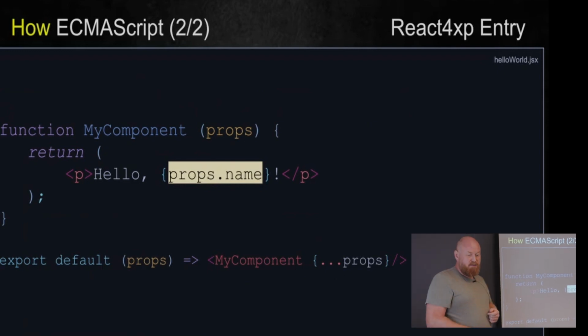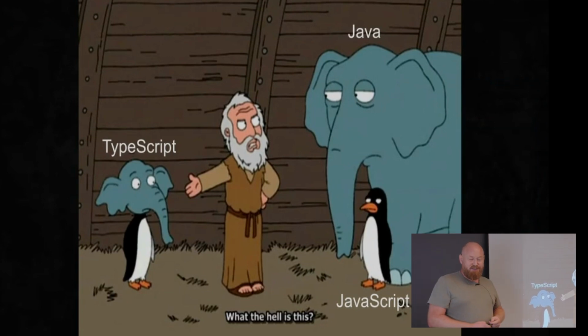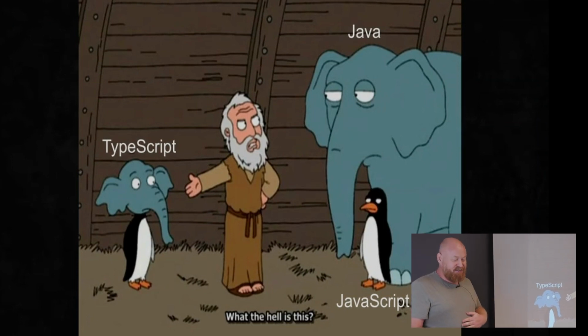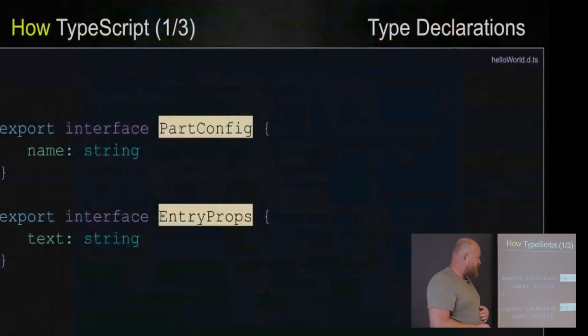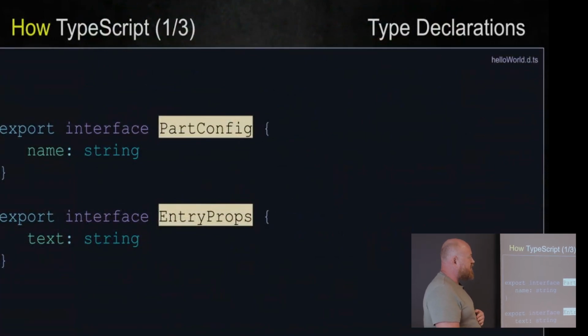And then it's time to look at TypeScript. What on earth is this? It's sort of a weird thing where you can put types inside your JavaScript code. Once you start using it, it's weird, but once you get used to it, it's beautiful. So basically here is a type declaration file. Notice the DTS here.